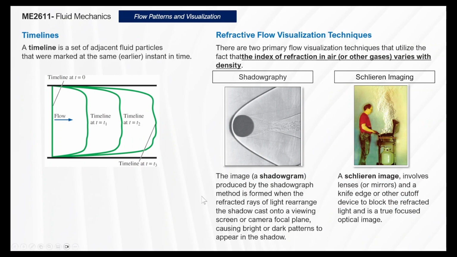Here are other methods of flow pattern recognition and visualization. Here we have timelines, where a set of adjacent fluid particles were marked at the same instant in time. This is just a graphical representation, but the United States Navy has this particular one. I wonder if I could show it.